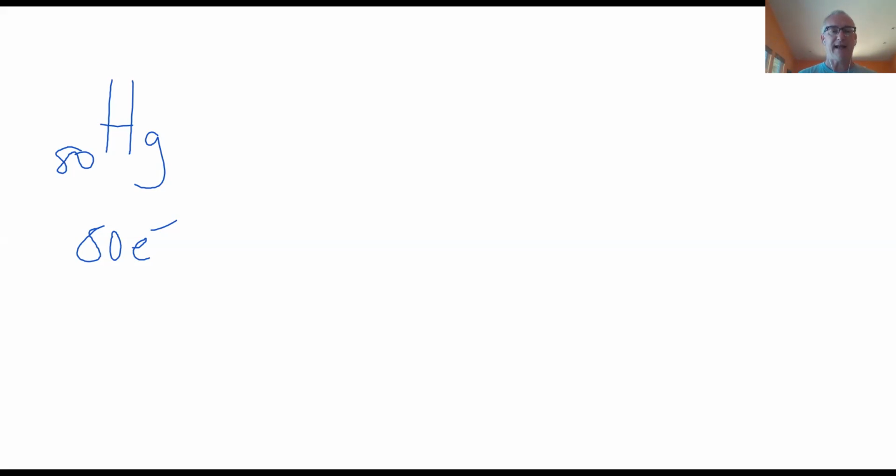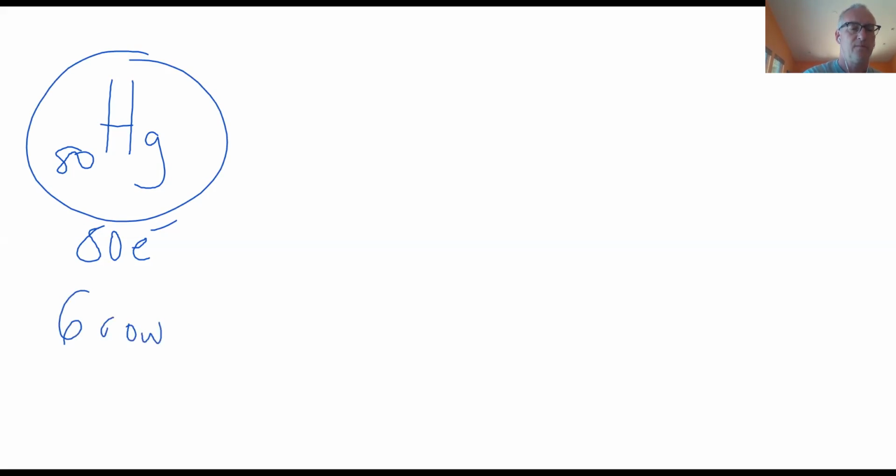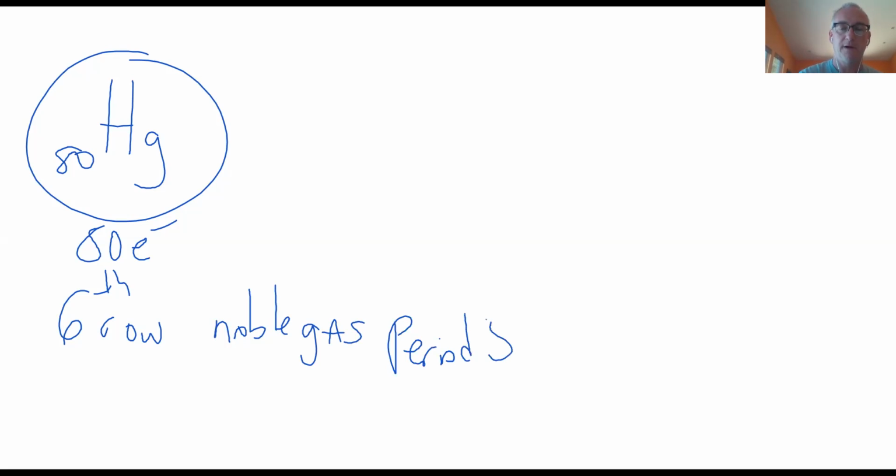We want to break it down by noble gas and then whatever's left over. We find the noble gas that is smaller than mercury. We see that mercury is in the 6th row, so it's in period 6. So what we want to do is find the noble gas in period 5, or row number 5. And you know what that one is?